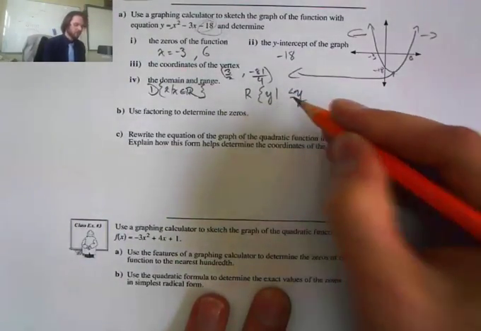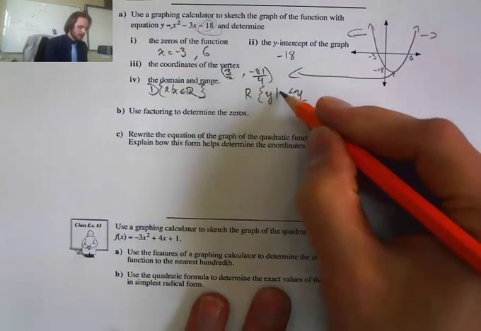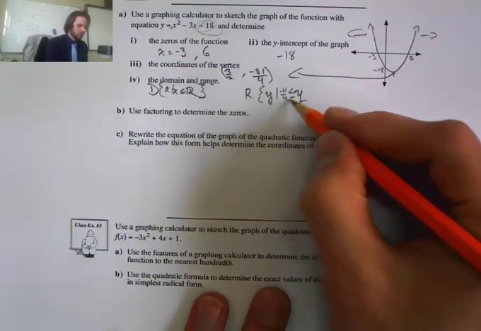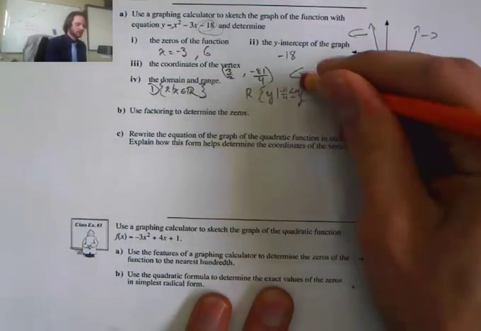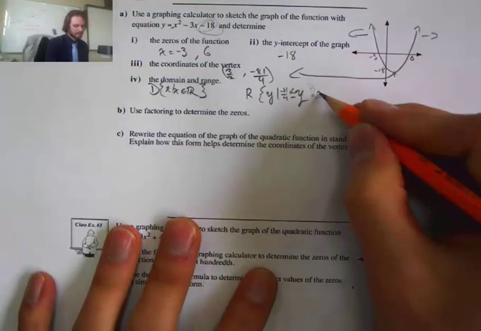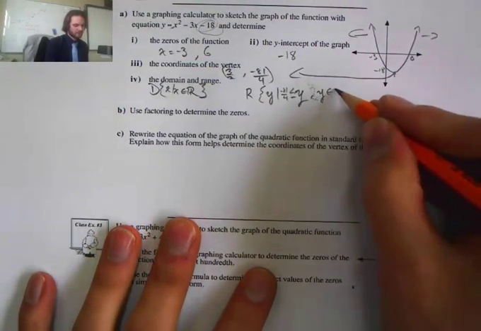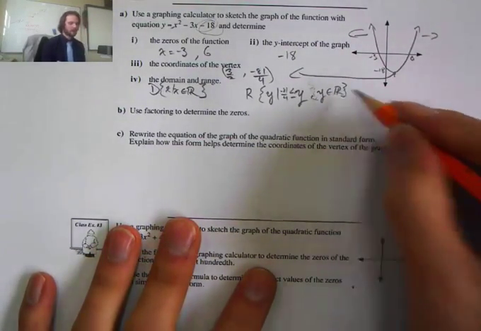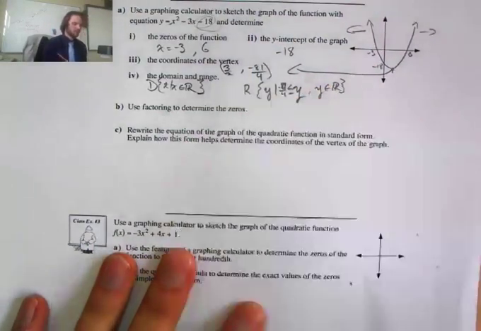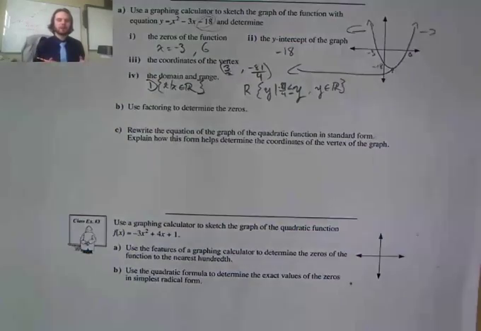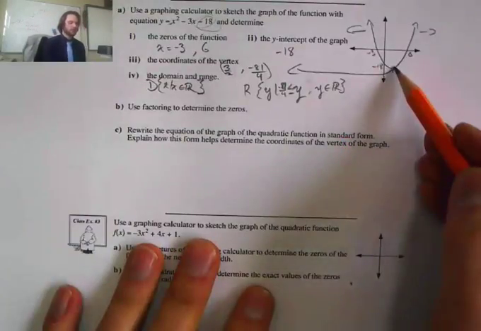So y is greater than or equal to -81 all over 4, and y is an element of all real numbers. Okay, so it looks like that. So we have -81 over 4, because that's the minimum it could be. y has to be greater or equal to that.